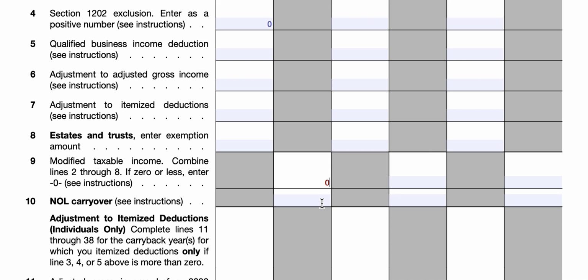After you've completed all applicable columns, then you'll need to carry forward to 2023 the amount, if there's any, on line 10 for the column for the preceding tax year.